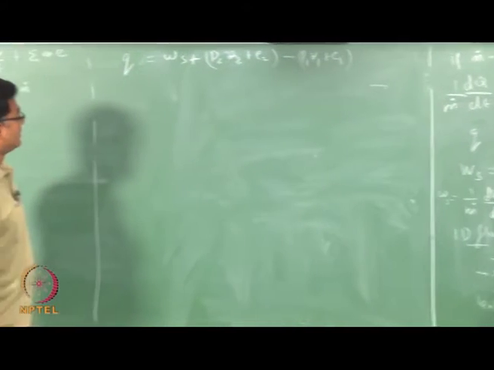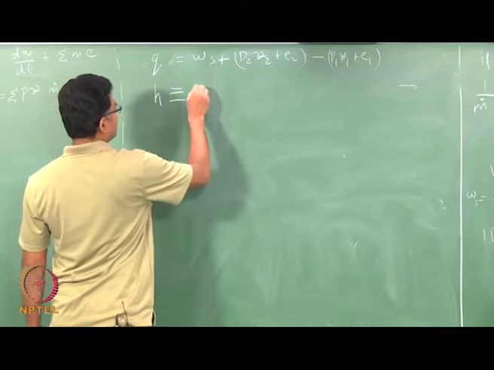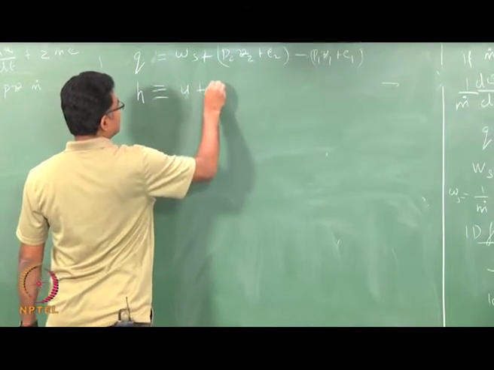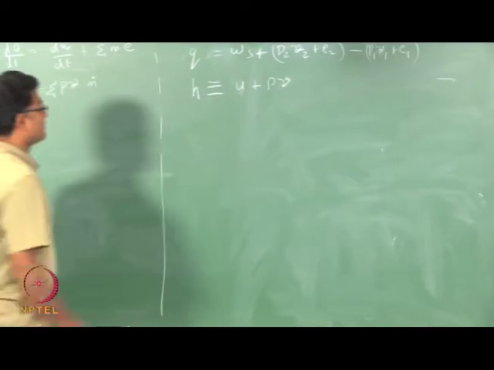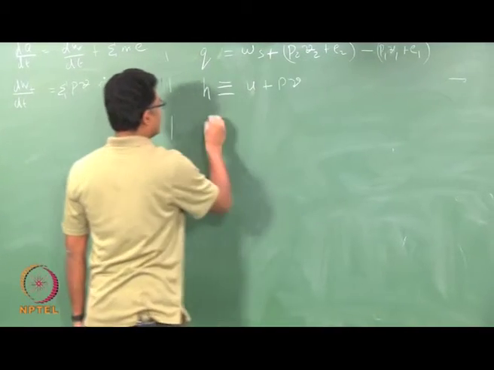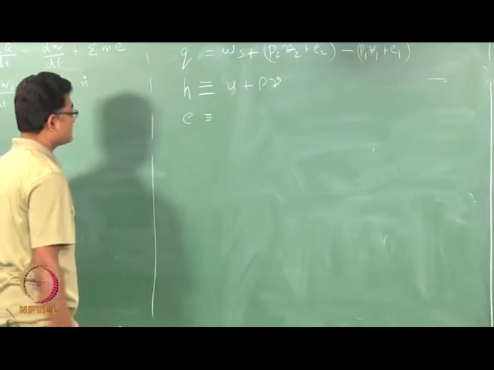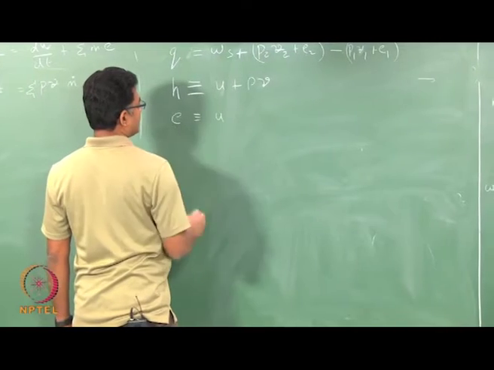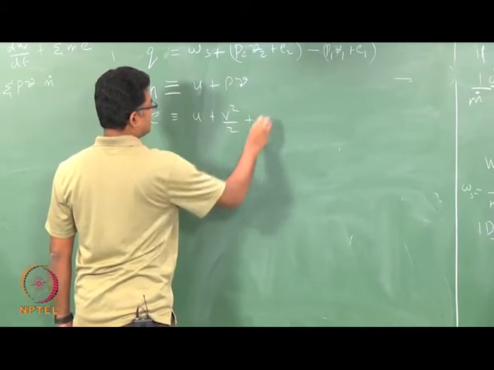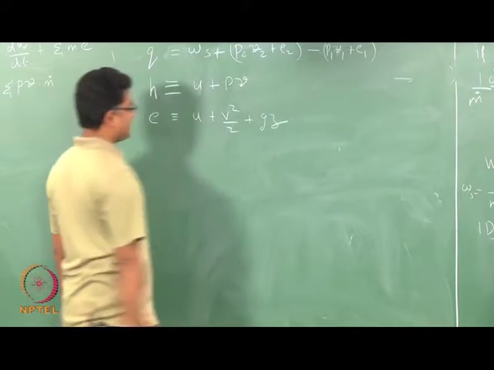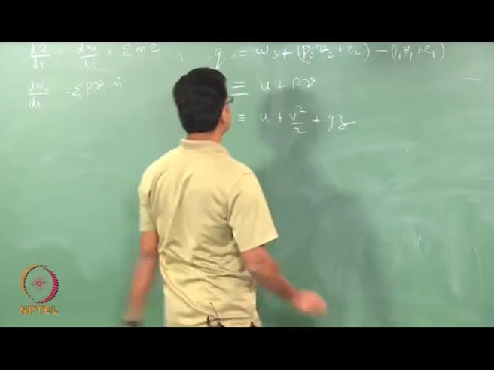Okay. Now, we have also defined enthalpy as U plus PV, and E as the total energy, which consists of internal energy plus kinetic energy plus potential energy. Now, I substitute these two there.